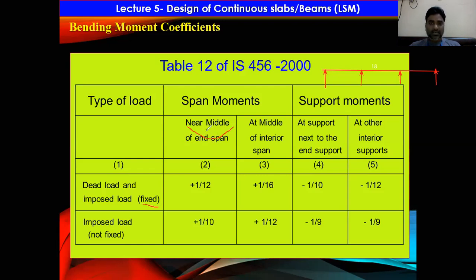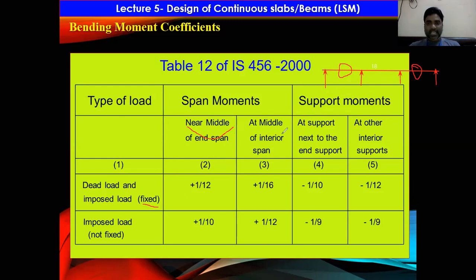Which one is the end span? In this case, this is the end span. This is also an end span, right? So near the middle of end span, these coefficients, if it is fixed, will give the bending moment at this point, right, this is near the middle of end span, right?